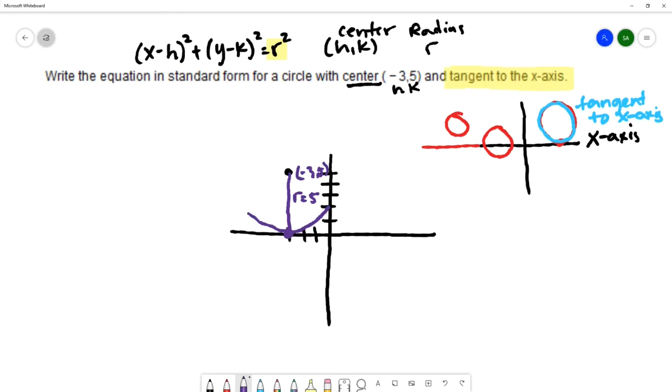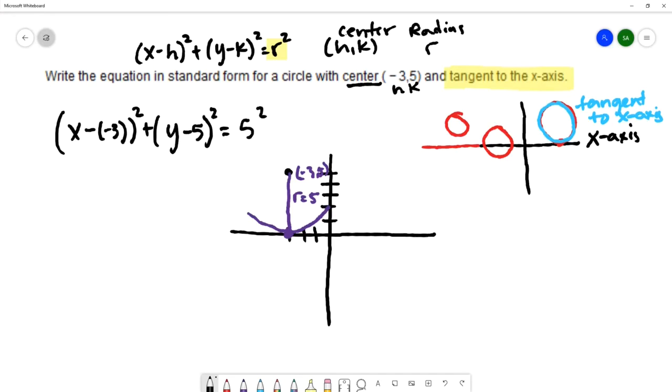So we now know the radius of the circle is 5, and we can fill in h, k, and r into the standard form of the circle. So we have (x minus -3) squared plus (y minus 5) squared equals 5 squared.